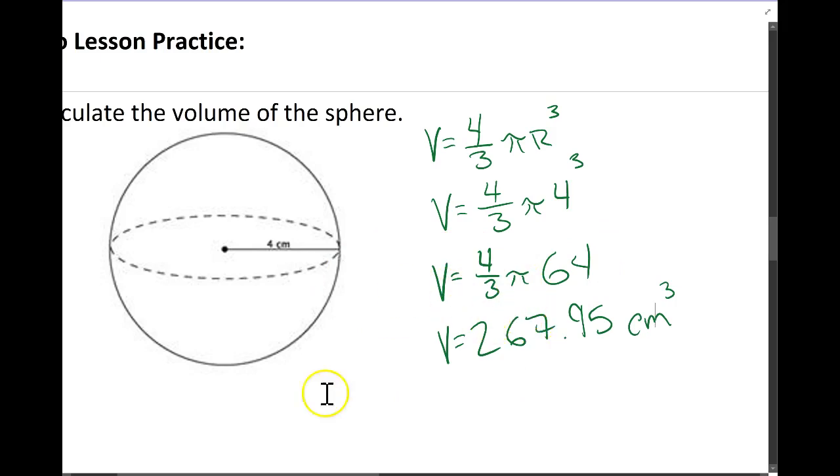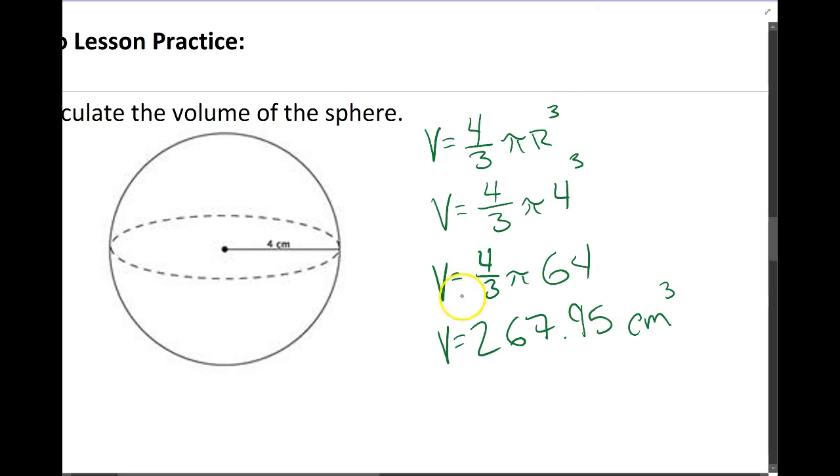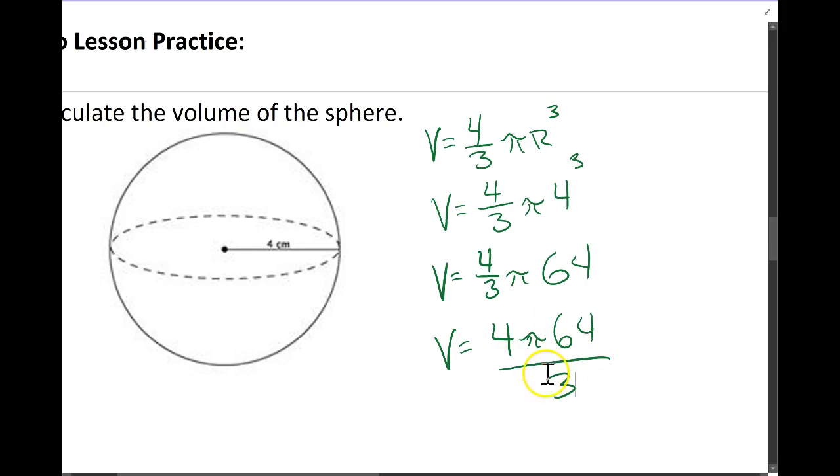Now, one thing I want you to see is that we can actually do this in a slightly different order also. If you're not a big fan of the 4/3 thing, you can do this. 4 times 3.14 times 64 divided by 3. I get the same thing. So you can actually say the volume is equal to 4 times pi times 64 all divided by 3.